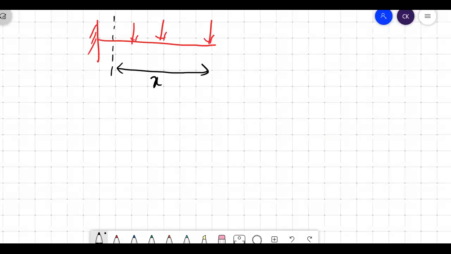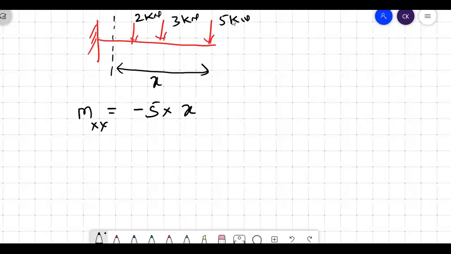And I need to write the equation Mx, that is the moment at that section. Therefore, the first point load is 5 and its distance is x, and it is negative.